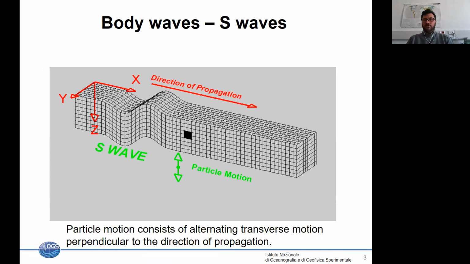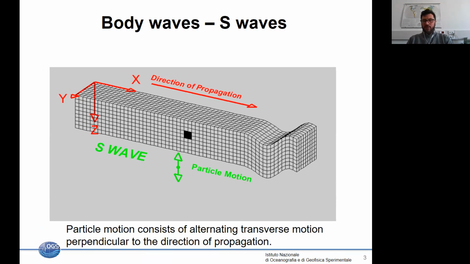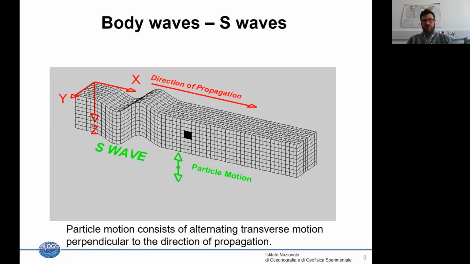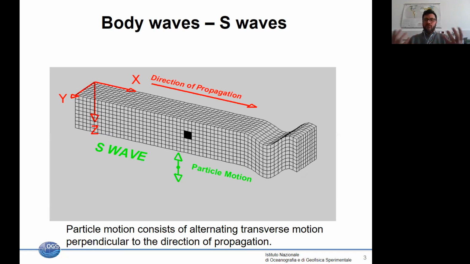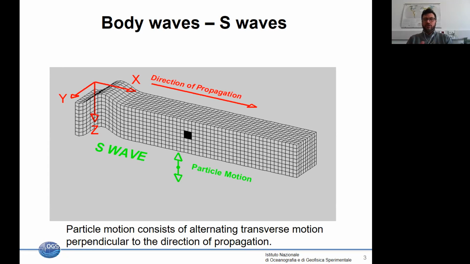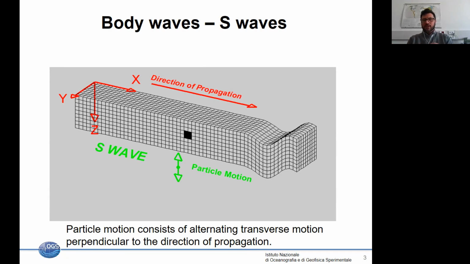This is an example of shear waves. You see that in this case, the particle motion is transverse to the direction of propagation of the waves. And generally, in a more realistic situation, we would have to turn this small model nearly to the vertical.